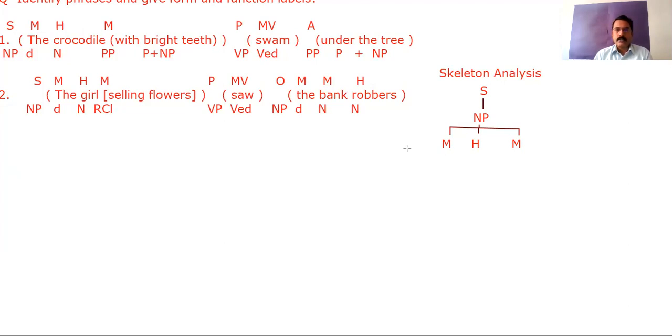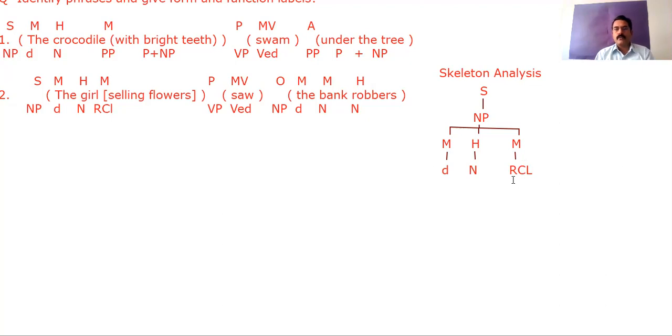It is determiner. So pre-modifier is determiner, labels we are expected to give. Head is noun, and post modifier is RCL. So these three labels we have given.